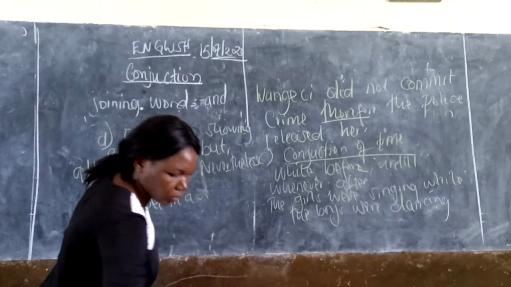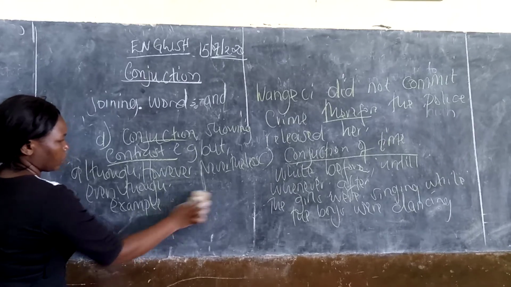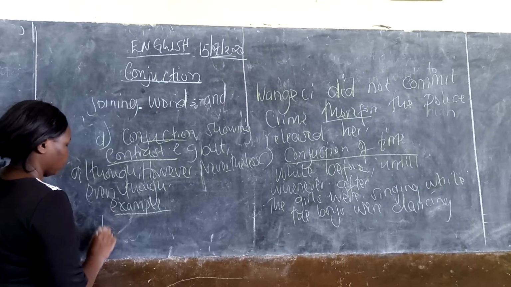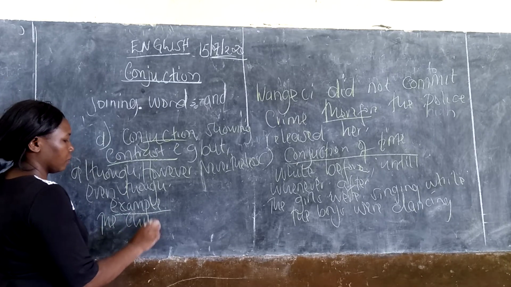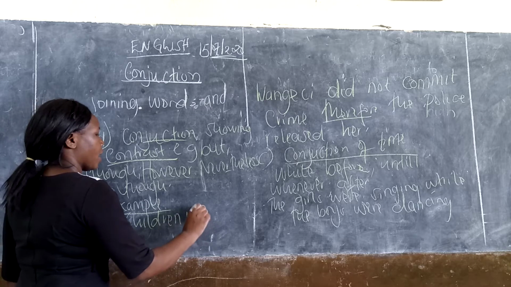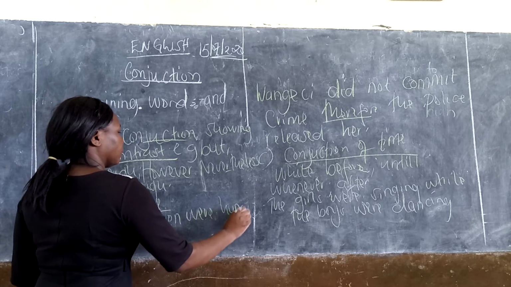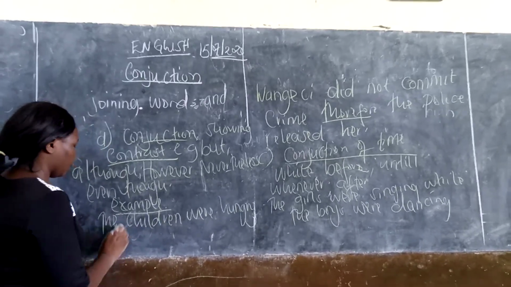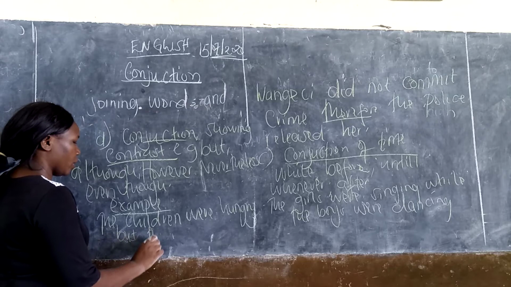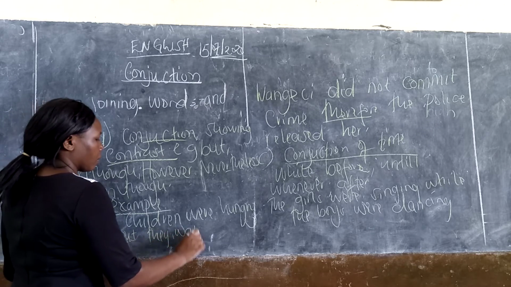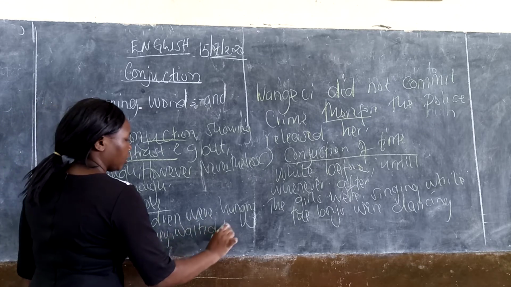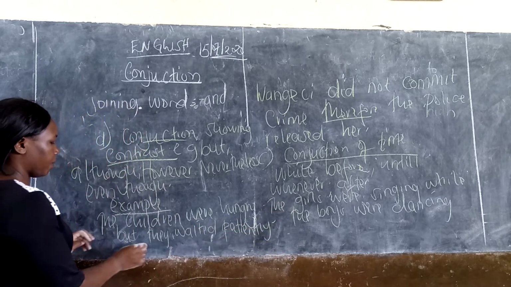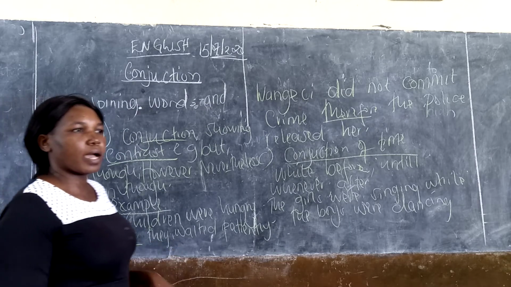Example, let's say the children were hungry, but they waited patiently. But they waited patiently. This means they were hungry.